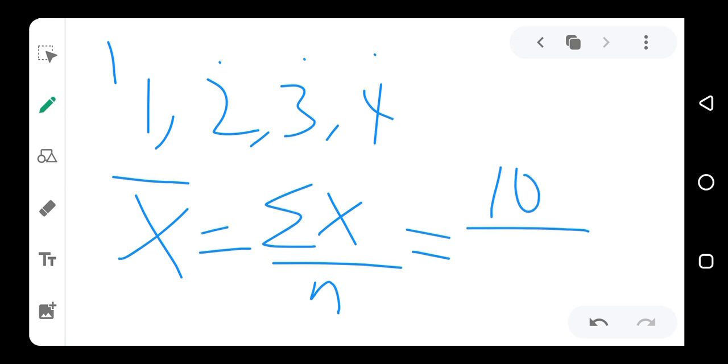Then the total number of values we are adding is 4: 1 is a value here, 2 is another value here, 3 is another value here, 4 is another value. So n is 4 and sigma x is 10, which is also 2.5.